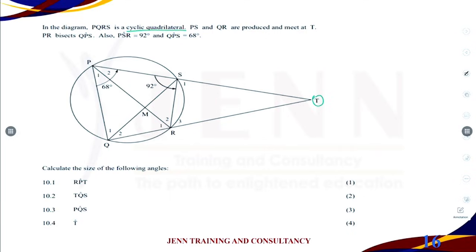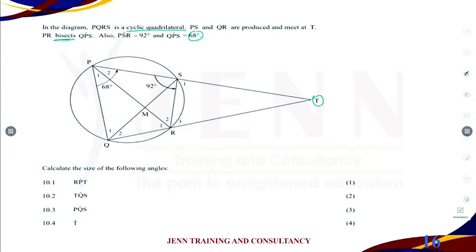So you must also conceptualize the language of our question. And then PR bisects. Remember our toolbox. If a line bisects, from our toolbox, PR bisects angle QPS. Also, angle PSR is equal to 92 and angle QPS is equal to 68.